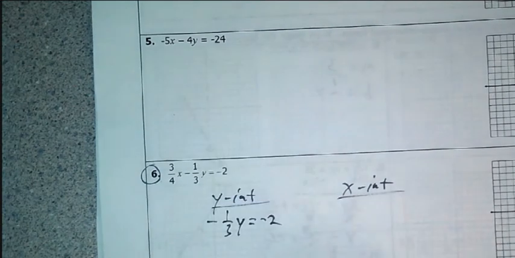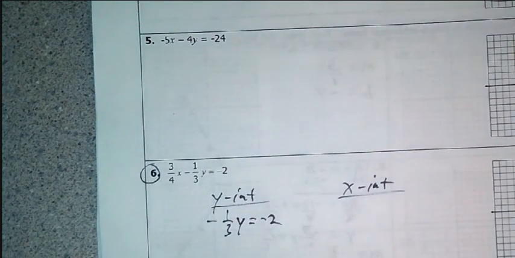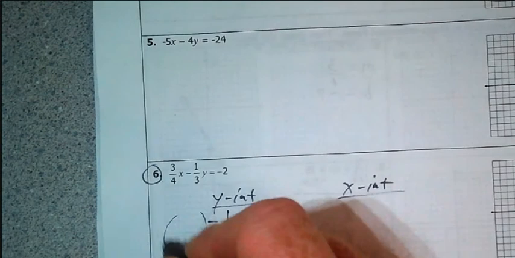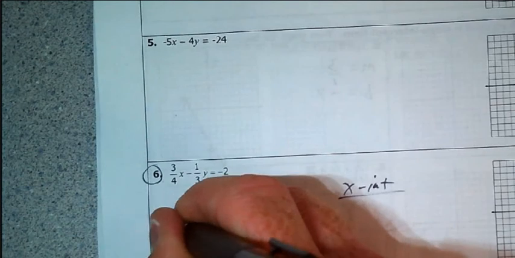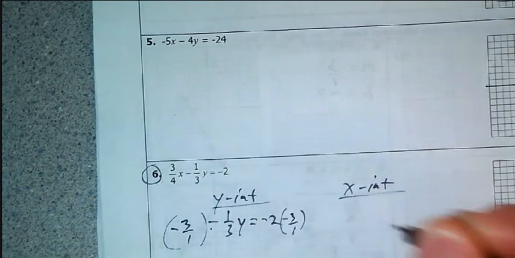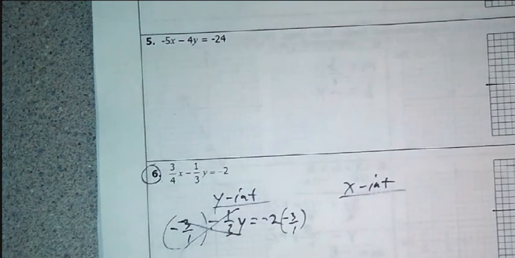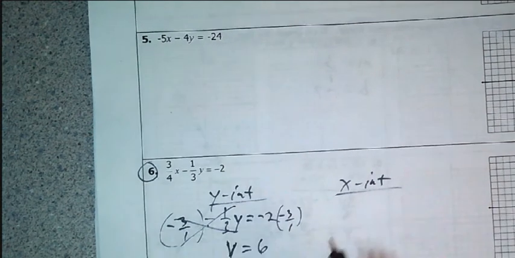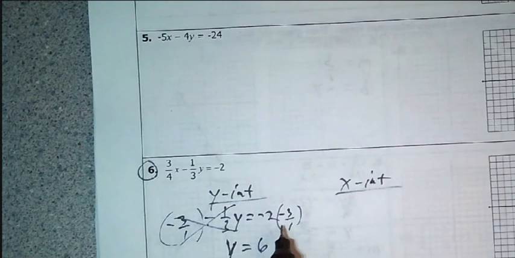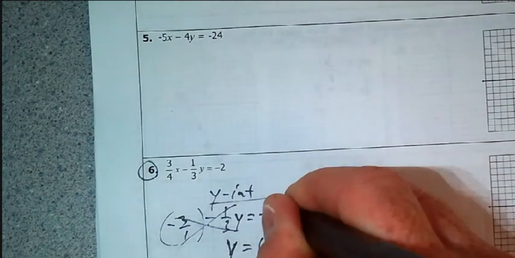So when we solve that, to solve this quickly, we can just multiply both sides by negative 3 over 1, which is the reciprocal of negative 1/3, so y equals a positive 6. Does everyone see why this is? Negative 2 times negative 3 is positive 6.